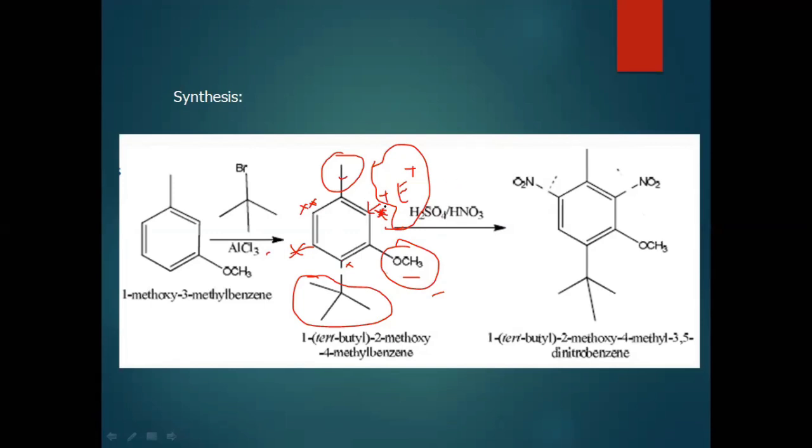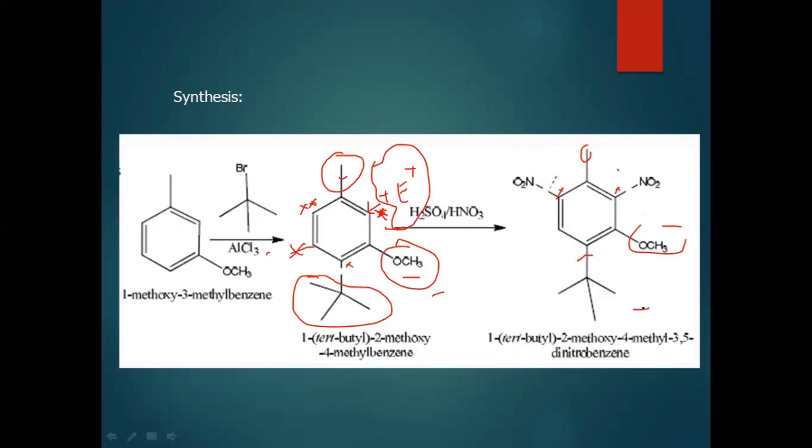As we are using an excess of the HNO3 and H2SO4 mixture, you need to do the electrophilic substitution at the ortho position with respect to this now, because this is the first priority. Over any of these donating groups, these two are electron-rich sites for the incoming electrophile. That's why NO2 electrophilic substitution occurs at these two sites.